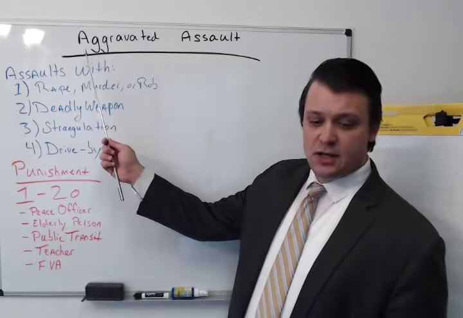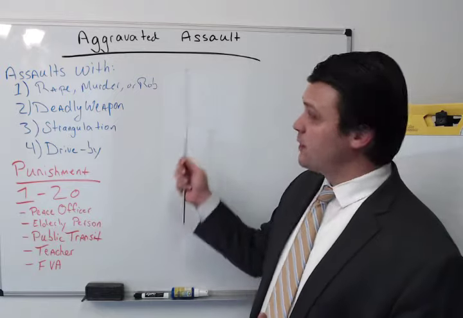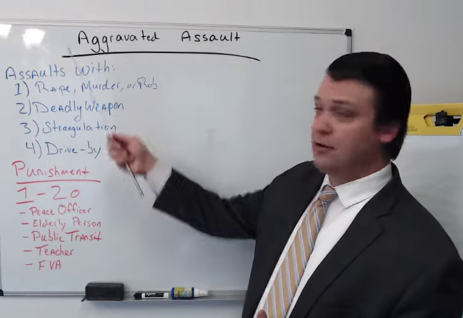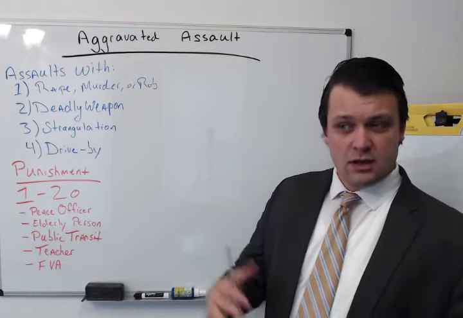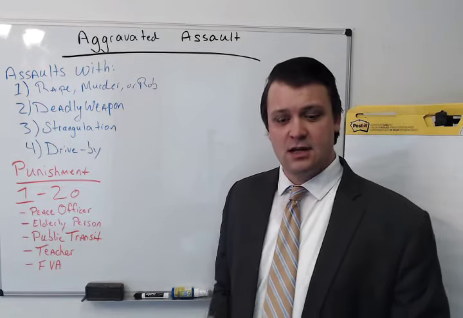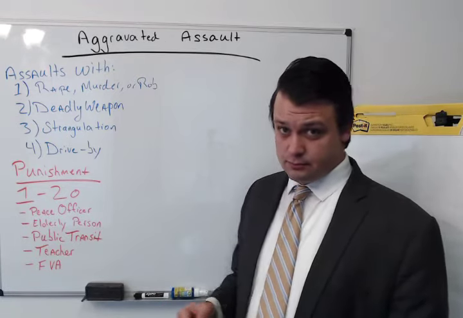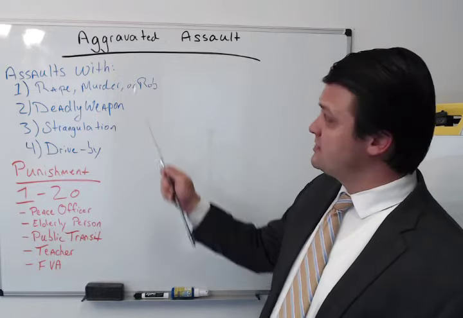We'll start with the title. As you can see, aggravated assault, right? So let's break that down. We're dealing with an assault that is aggravated in nature, right? An assault itself, simple assault if you will, is its own separate crime. It's a harmful contact, an offensive contact, something of that nature. What we're dealing with here is not a simple assault. No, it is an aggravated assault.